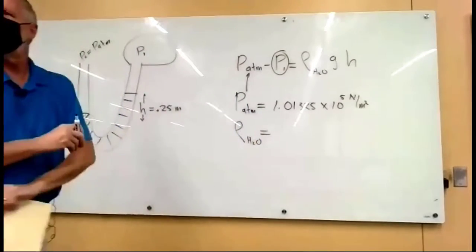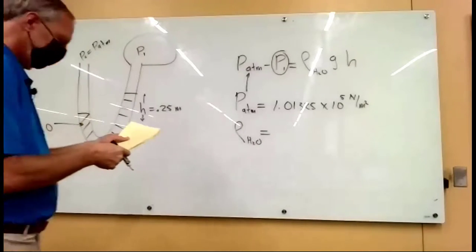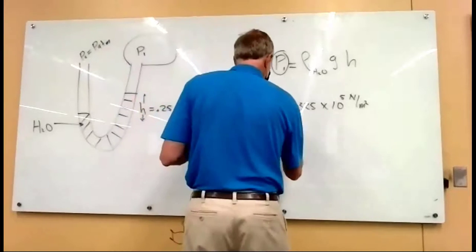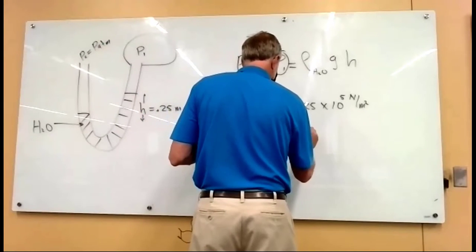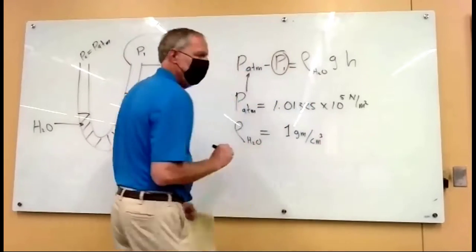Anybody know the density of water? It's what? One what? Yeah, so actually that's how a gram is defined, right? So it's 1 gram per cubic centimeter.